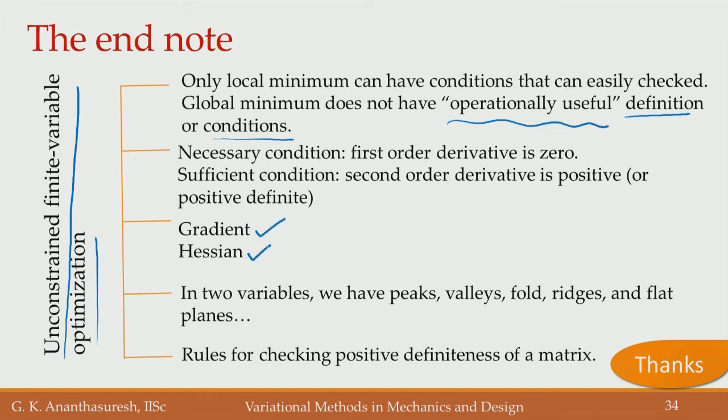And in 2 variables we have graphical interpretation of peaks, valleys, hill folds and ridges and flat plains and saddle points. And mainly what you should remember is the rules for checking definiteness, which are based on eigenvalues, which is the easiest.